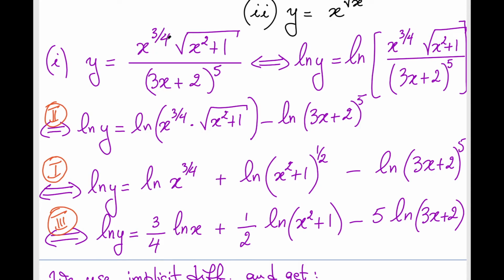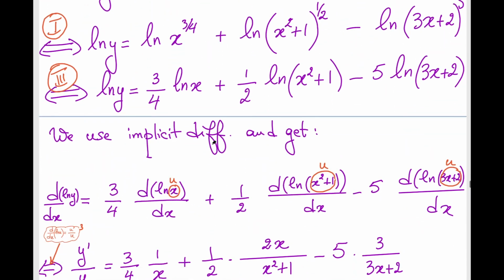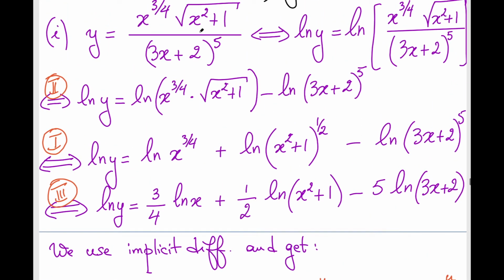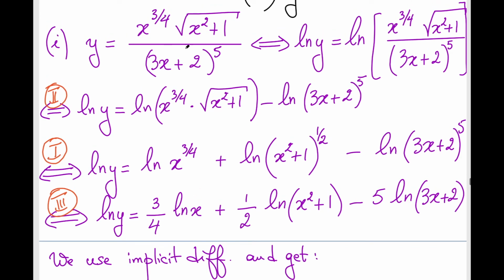So the domain here is 0 to infinity. But look, I talked about ln of x, and x being 0 is part of the domain, as we just said. And this is nonsense if x is 0.